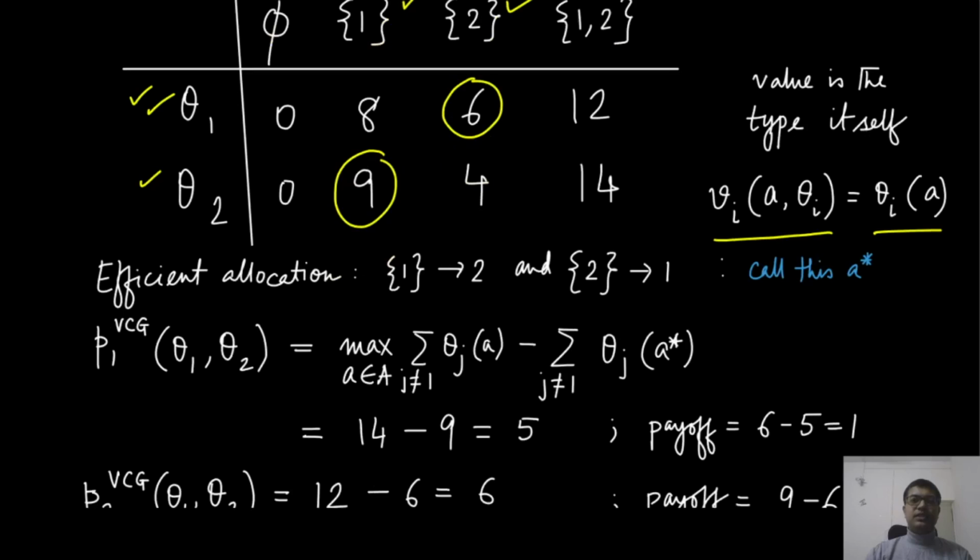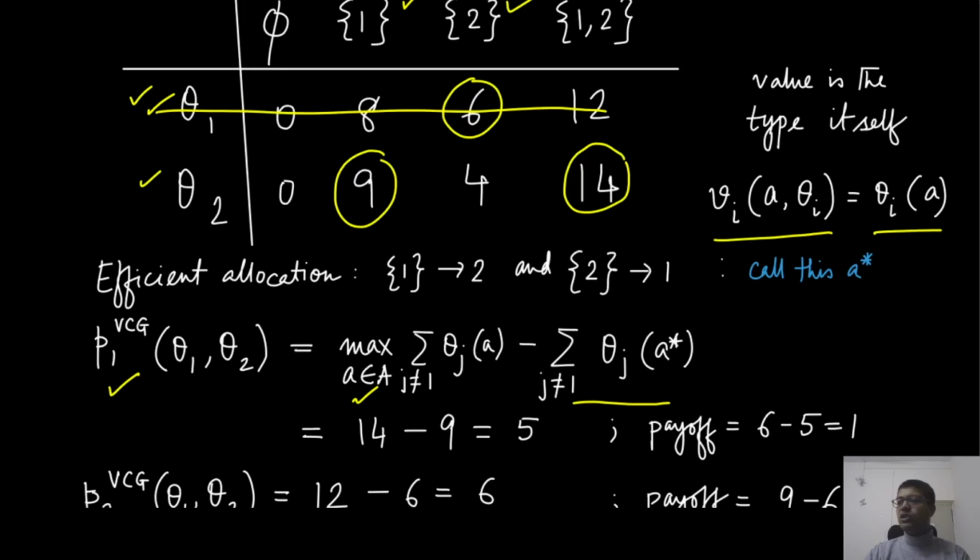Now it's time to compute the payment. Let's say we are trying to find the VCG payment for player 1. You remove that player, and then you can give both these objects to player 2. That is the maximum that you can achieve, and that is going to be the first term here. In the presence of player 1, the social welfare obtained by the other players is, since there is only one other player, 9.